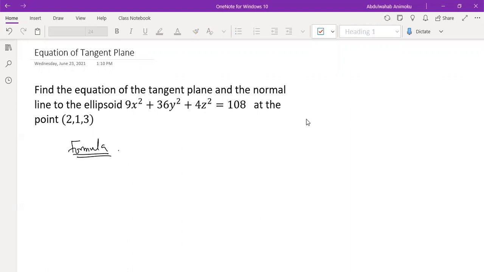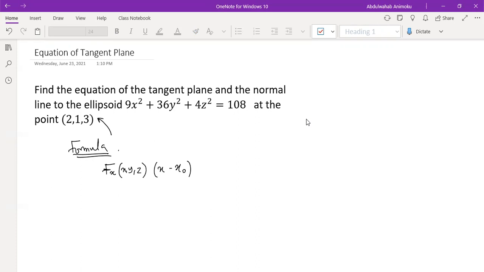Now, the first thing is the equation of the tangent plane is given as this. So, first of all, you need to define your function f, which is basically a function that has to do with the surface, and then you evaluate it at the particular point x, y, z. So let me just put the point x0, y0, z0 here, referring to this point, right? And then you multiply that with x minus x naught.